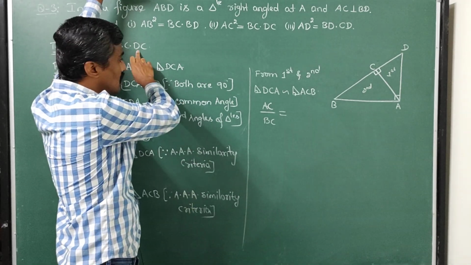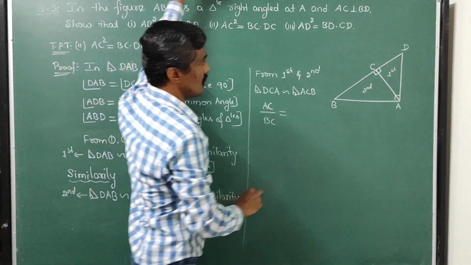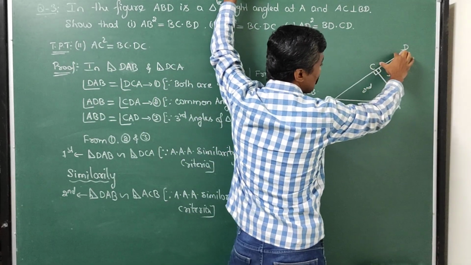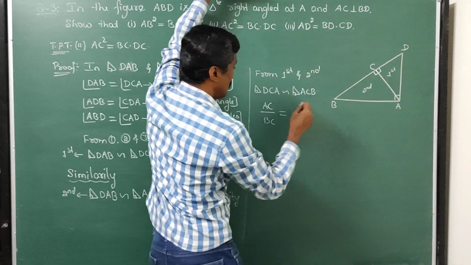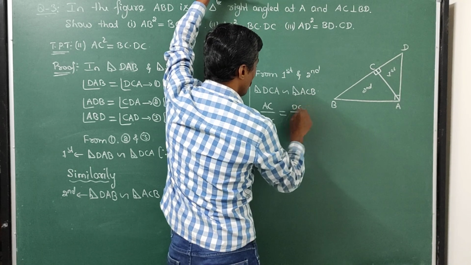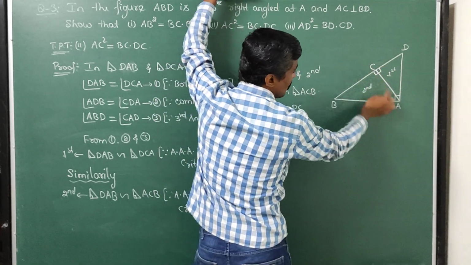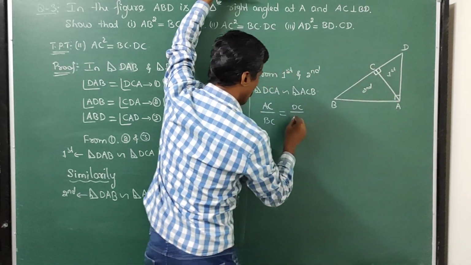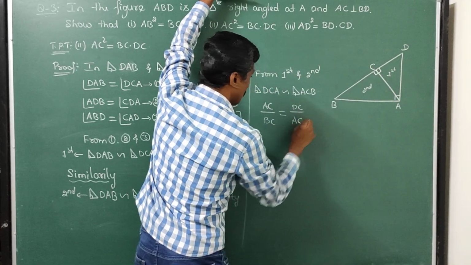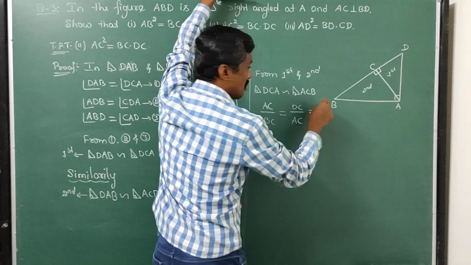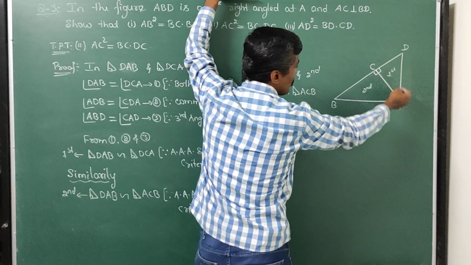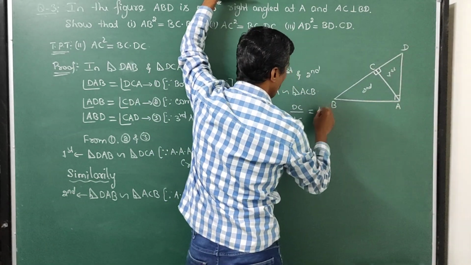next, what you want, BC and DC. DC belongs to the first part, it is the smallest side, so DC. Then the smallest side in the second part, that is AC. If you want, write the remaining side, the hypotenuse in the first triangle, that is AD.